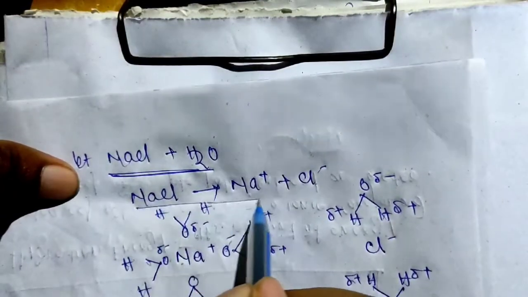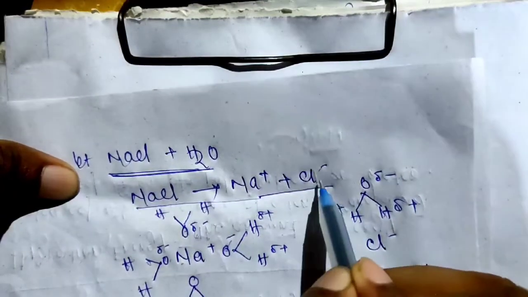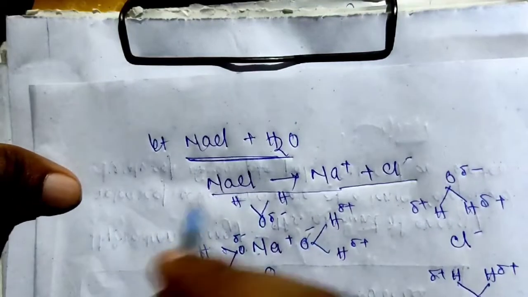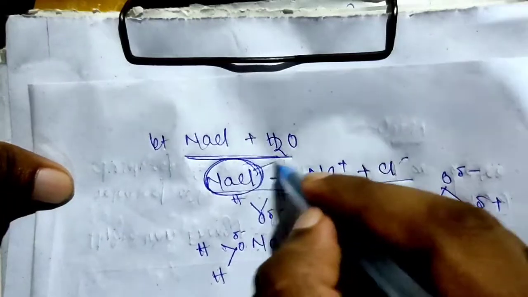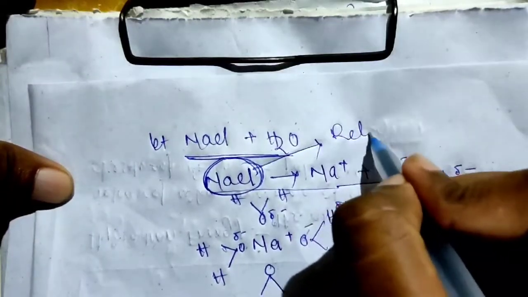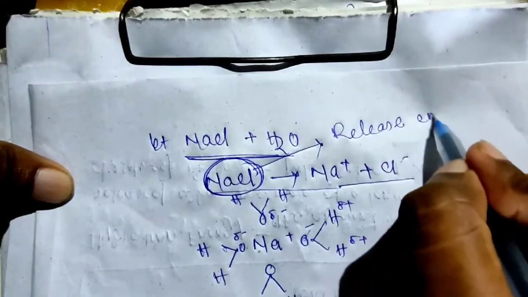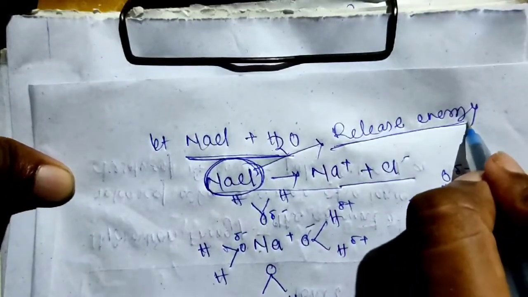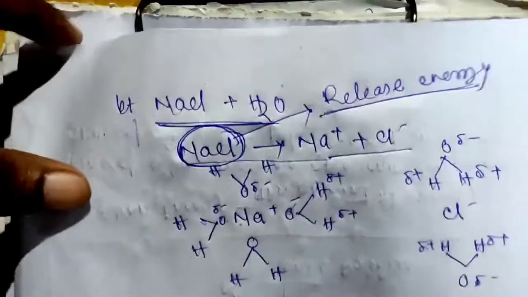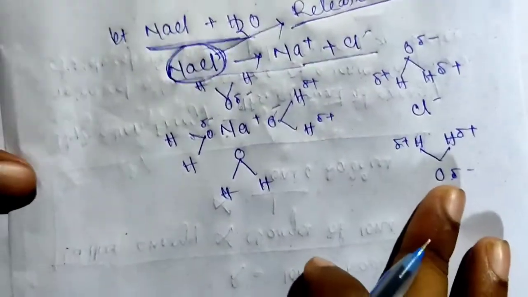Here we saw that NaCl breaks to form Na plus and Cl minus. We know that when a bond is broken, it releases energy. This released energy is called hydration energy.